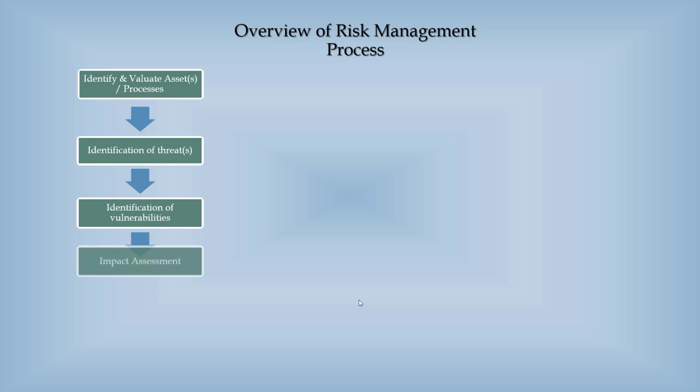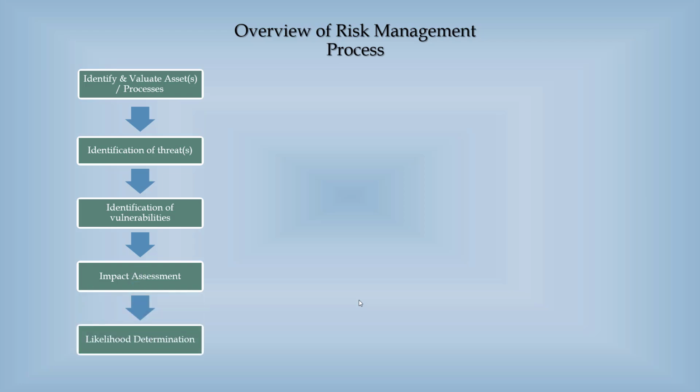After that, you perform impact assessment. You see that if that threat exploits the vulnerability, what impact can result from it, as we have seen before. Afterwards, we determine the likelihood, that is, how often this particular threat tries to exploit this vulnerability.